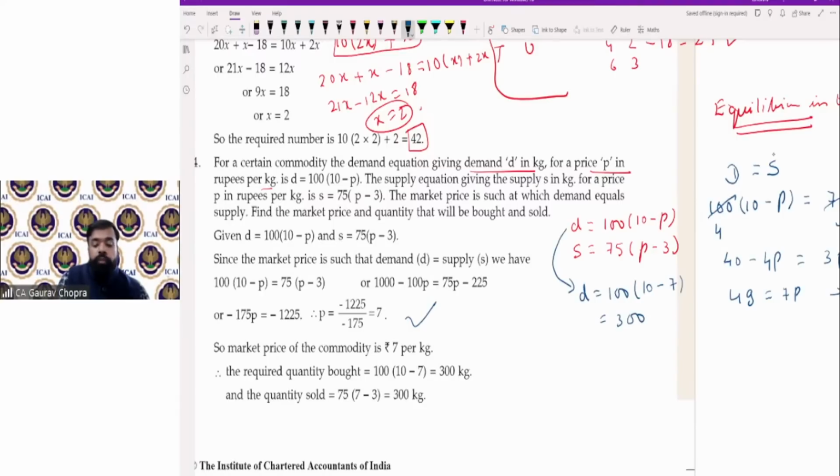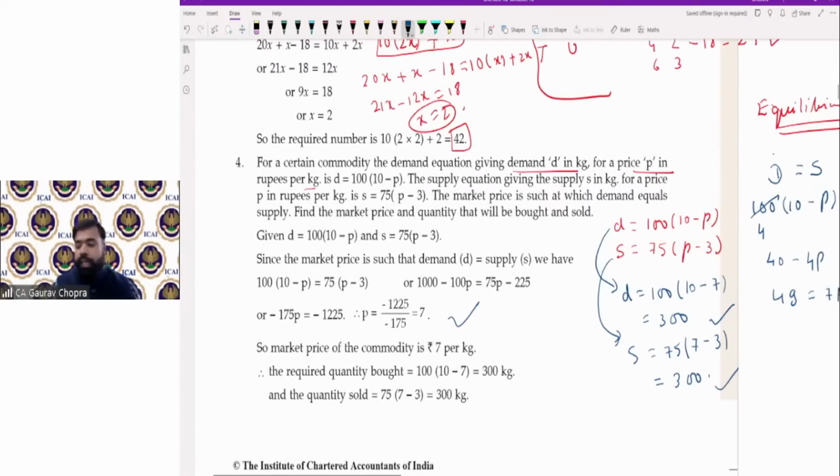And if you want, you can find from supply also. Supply S is equal to 75 into 7 minus 3. So here also you will get 300, because demand and supply both are equal at the point of equilibrium. So values of demand and supply is 300. All right. So this is basically example number 4.